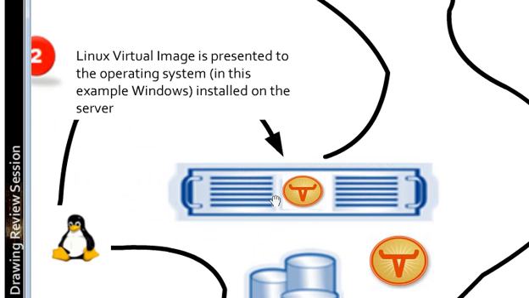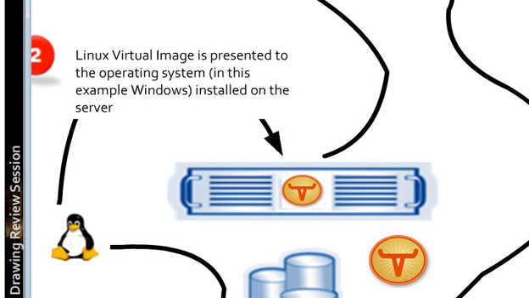That means when I boot this server, it goes into a Windows environment, a Windows server. Just like when you boot your desktop today, perhaps it goes into a Windows desktop environment, Vista or 7 or XP. Whatever it is, it boots into that environment. The images themselves, Linux and so forth, actually reside on top of the virtual server's operating system.